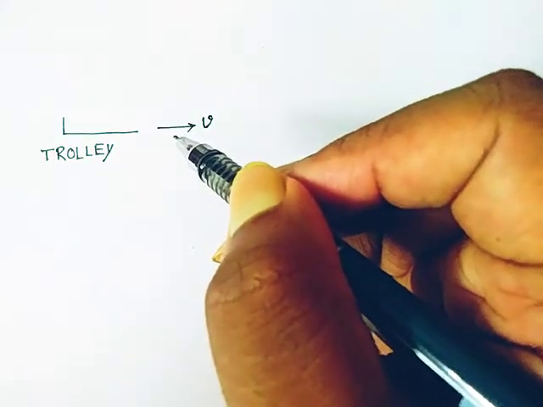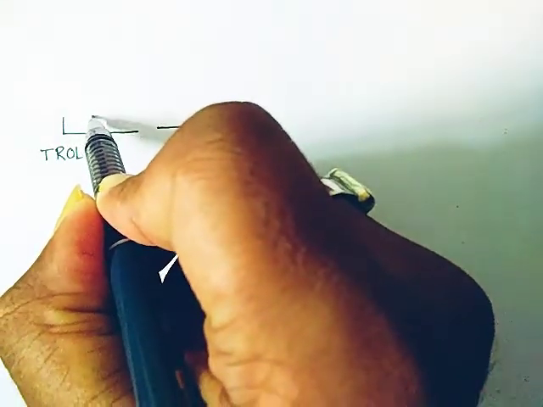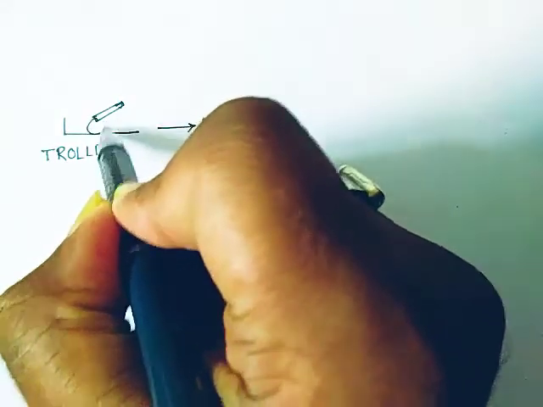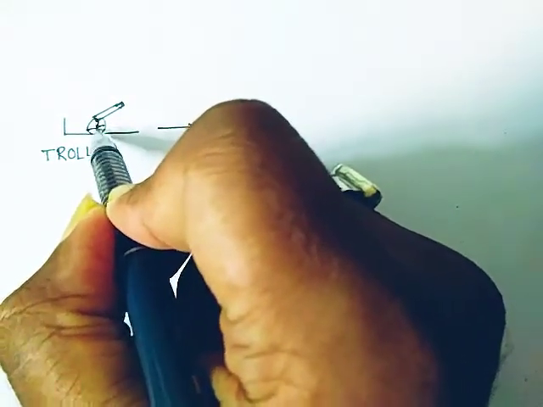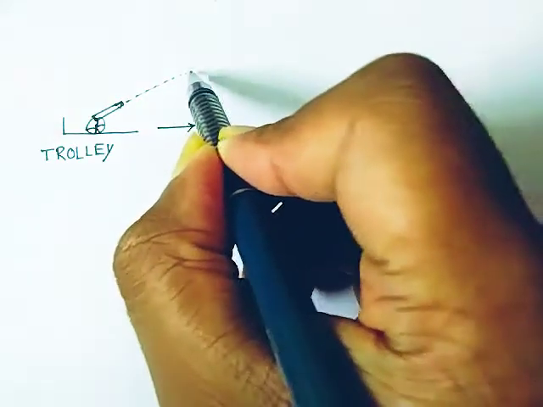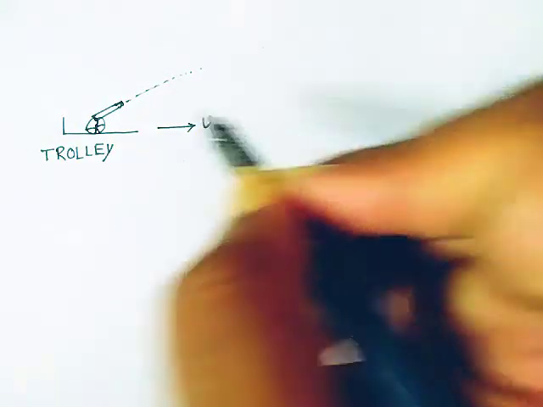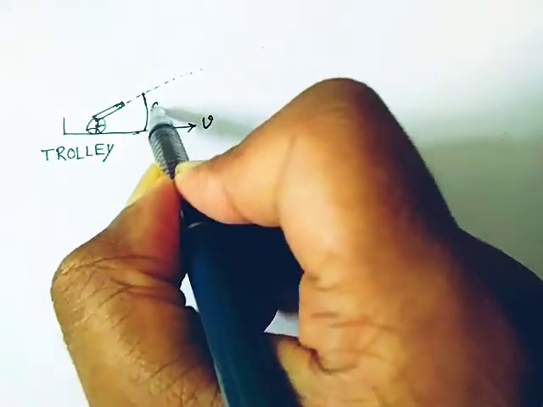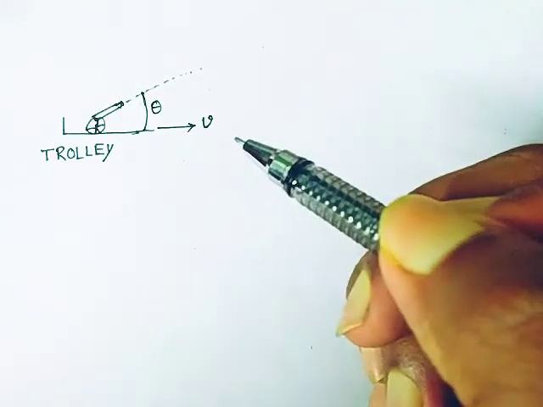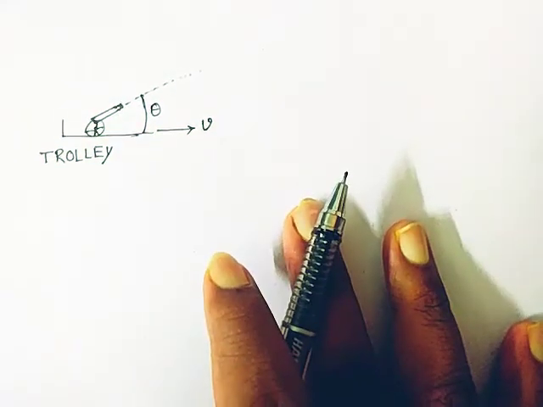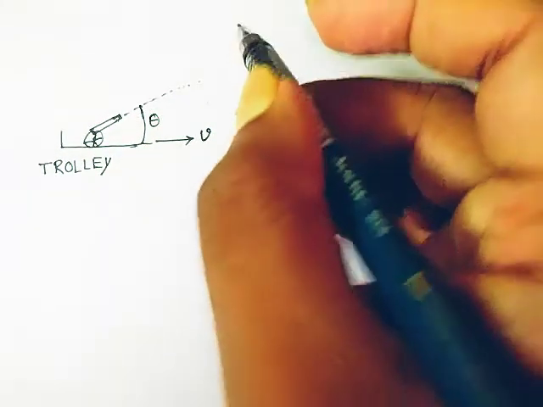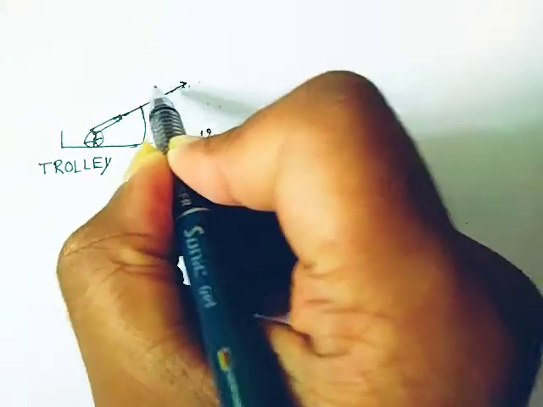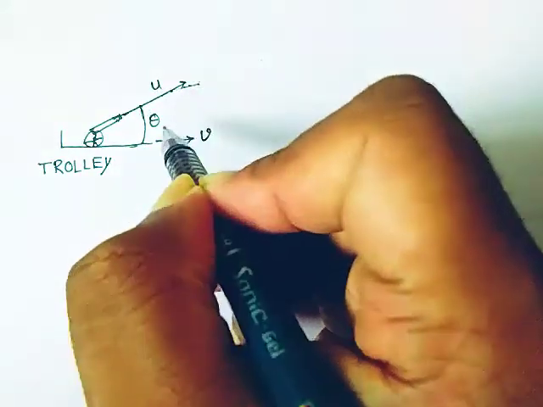So if something is thrown from here by making an angle theta, then how does the projectile motion change? Say the velocity of the projectile when it is thrown is u.